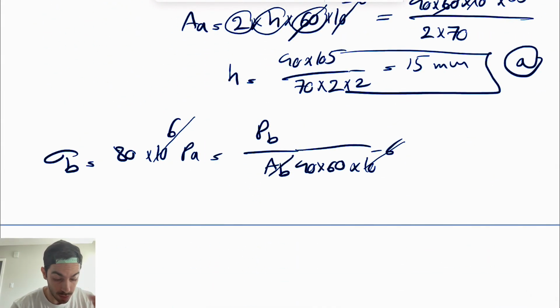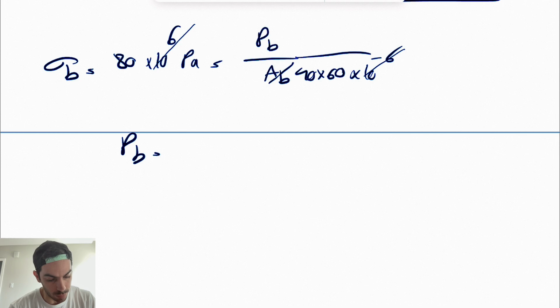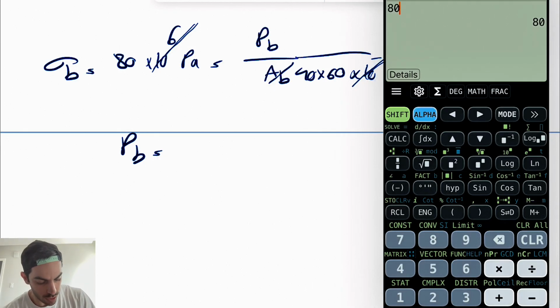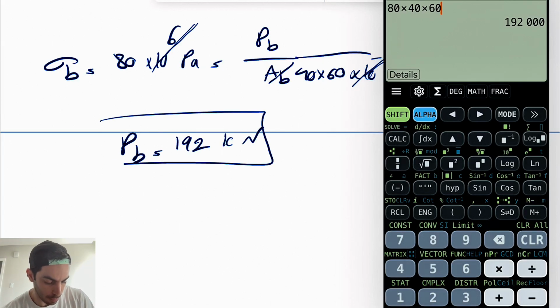These two will be canceled out, and we're going to have 80 times 40 times 60. This is going to give us 192 kilonewtons, and we know PA is equal to half of PB.